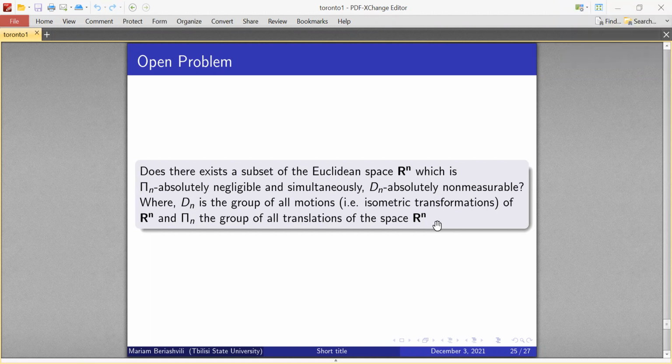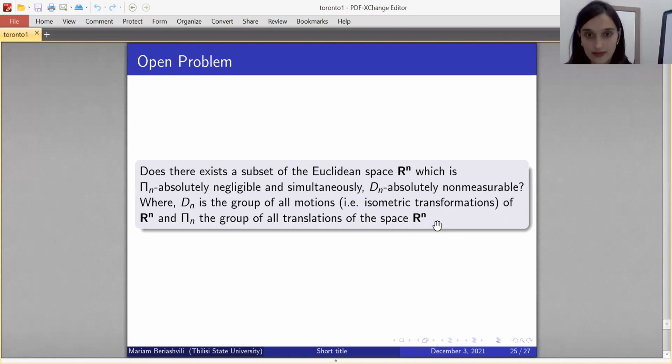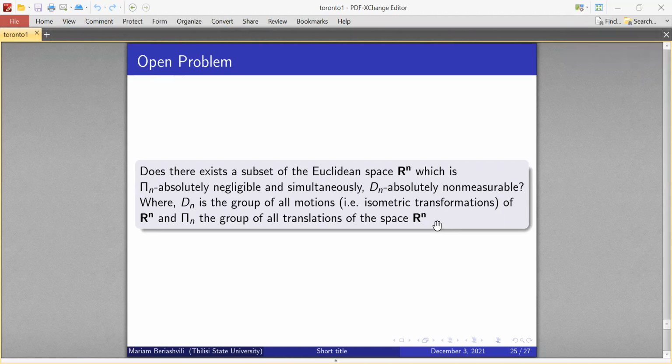Can I ask about your open problem? Does there exist a Pn absolutely negligible set? Is there something about the groups in Rn that causes the problem? What's the difference between the groups in n and the groups in 2?